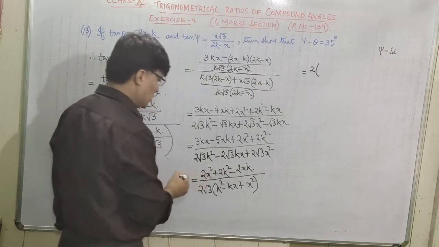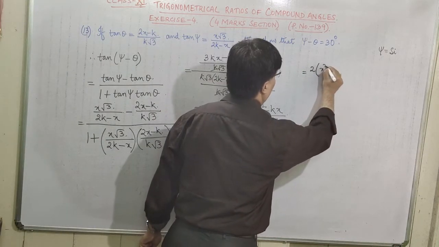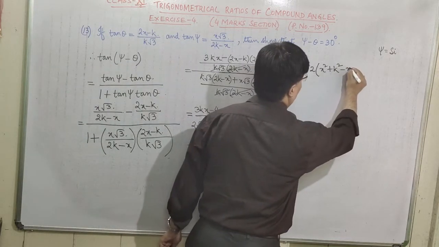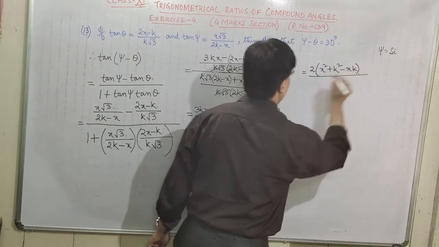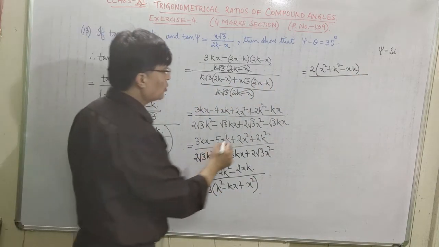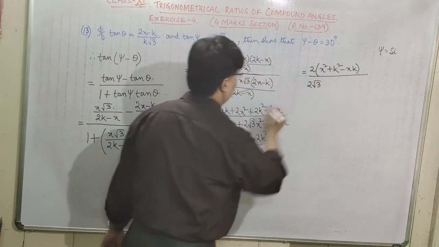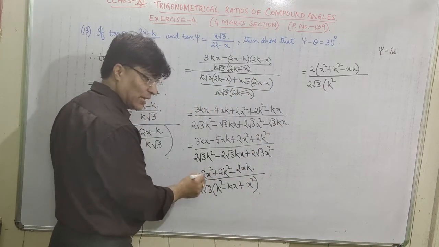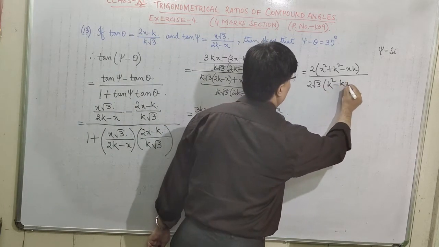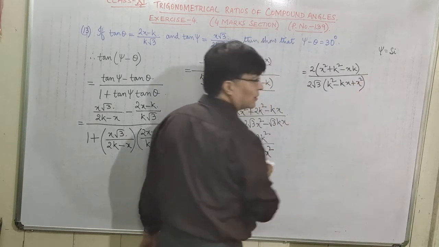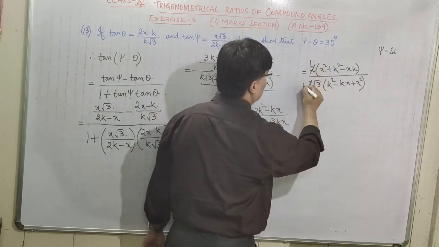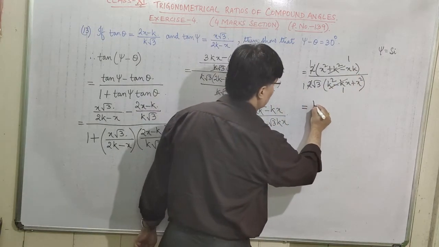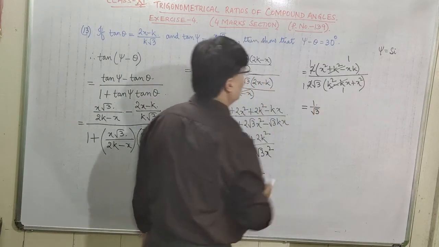So 2 within bracket, what do we get? X square plus k square minus xk whole divided by, in the denominator you write 2 root 3. So here we have 2 root 3 within bracket, it is k square minus kx plus x square minus kx plus x square. Okay, so here you can cancel these 2 gets cancelled, and this will be cancelled, which is equal to, this is 1 upon root 3.